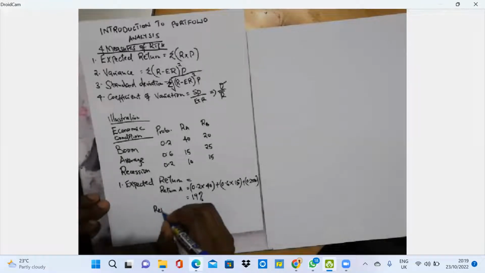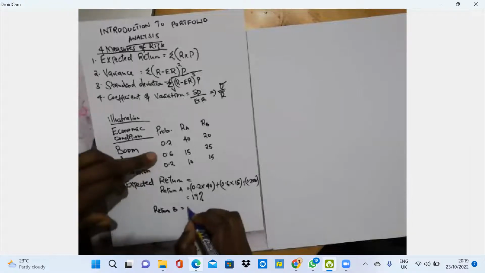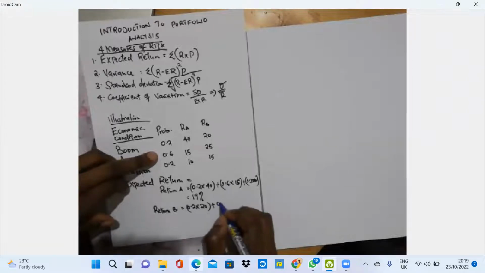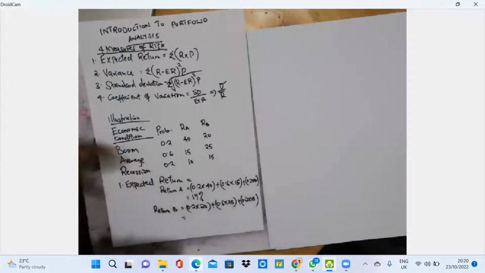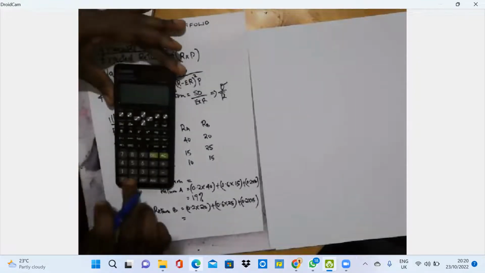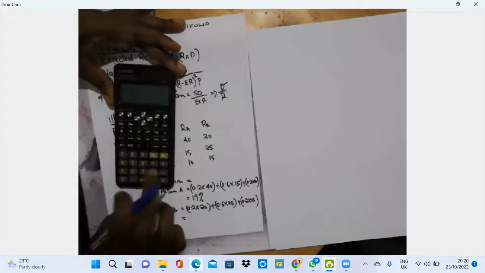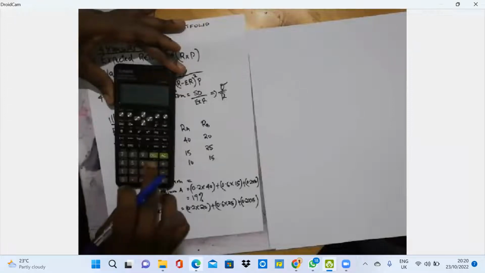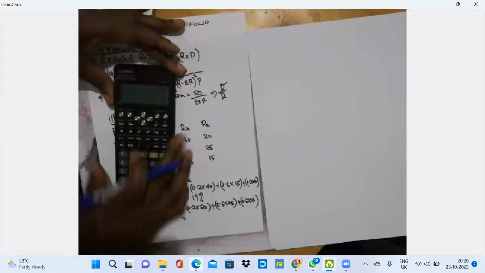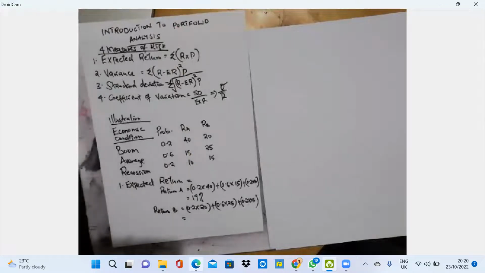And then for return B, we take 0.2 times 20 plus 0.6 times 25 plus 0.2 times 15. I'm getting expected return of 22.